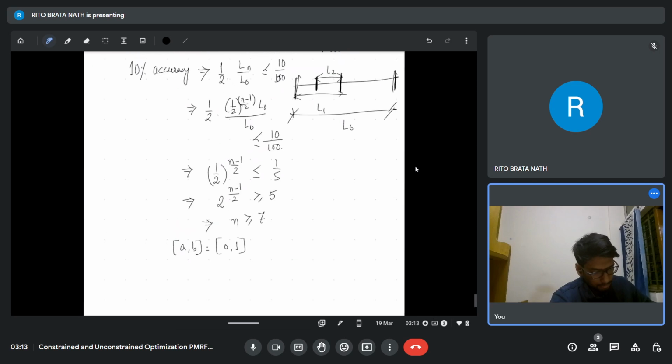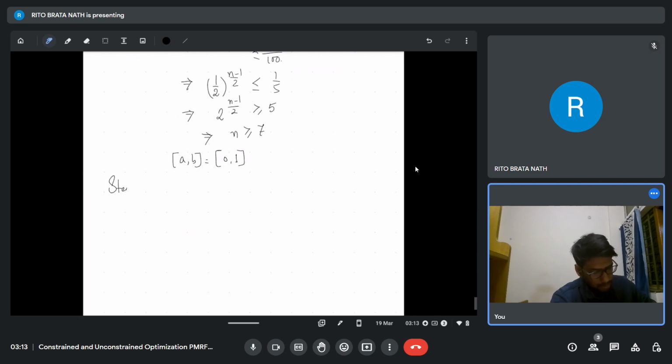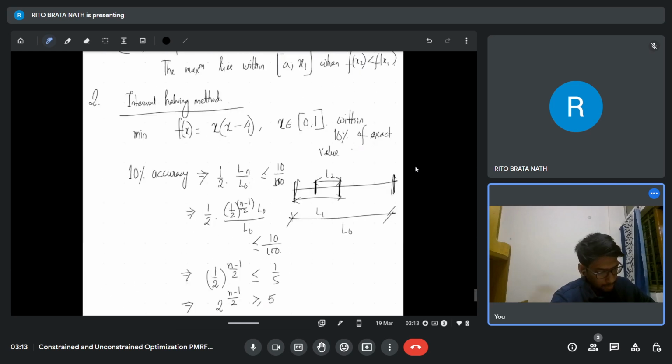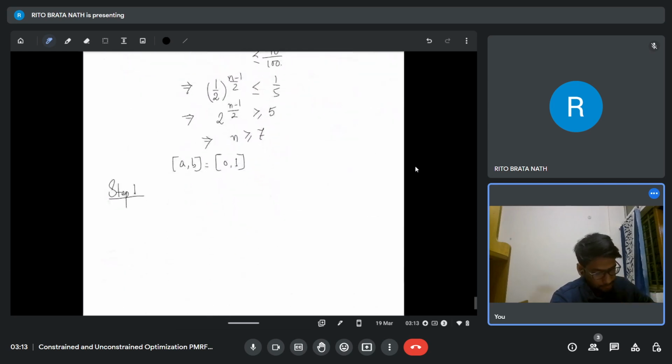So step 1 would be to pick x1 equals 0.25. So x0 could be your 0.5, which is the midpoint, and x2 could be your 0.75. And then you have to evaluate your functions, and you have to keep on repeating it, and finally we'll get the solution.